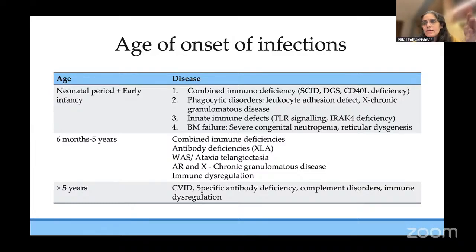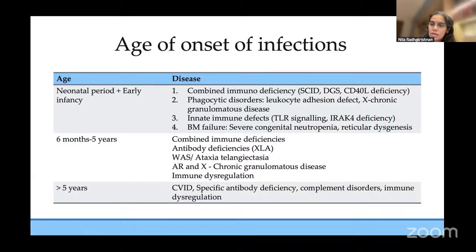After 6 months, if the baby was absolutely well till 6 months, and then symptoms started after 6 months, usually 8, 9 months of age, what happens is the first 6 months were protected by the maternal immunoglobulins. And then when the baby had to produce his or her own immunoglobulin, because there is absence of immunoglobulin, the patient comes with infections.